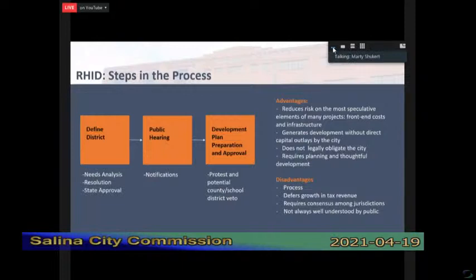It requires the jurisdictions to reach consensus about it, and it's not always well understood by the public. So you certainly see this in TIF projects, and I suspect in RHID projects as well, that well, they were granted $2 million in a rural housing incentive district. They weren't exactly given $2 million to go and build it. But the nuances of it can be a little bit more difficult to explain.